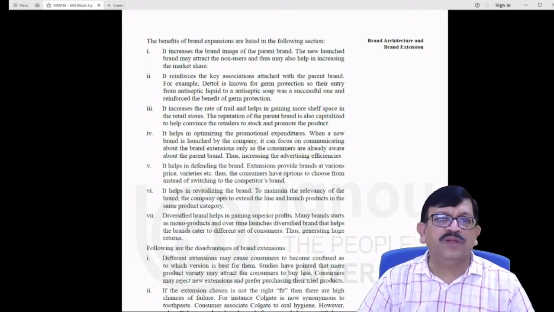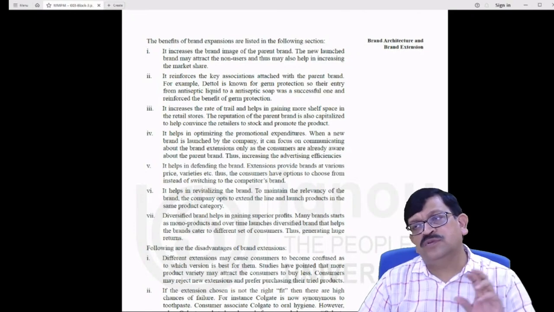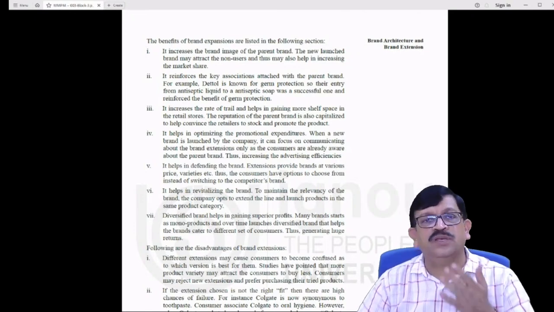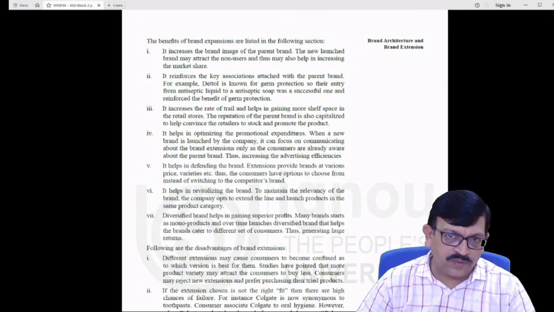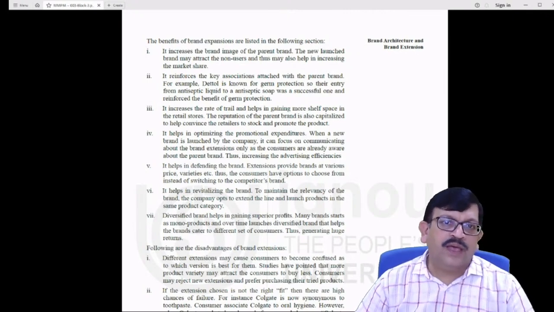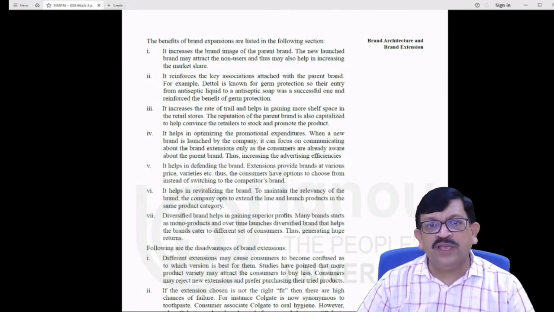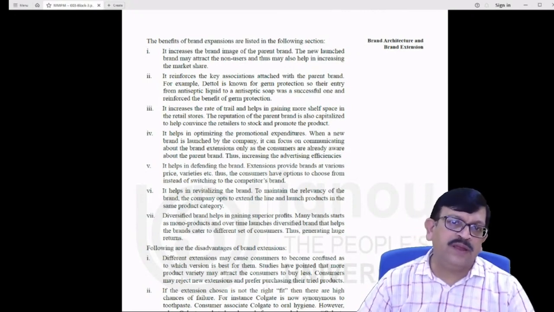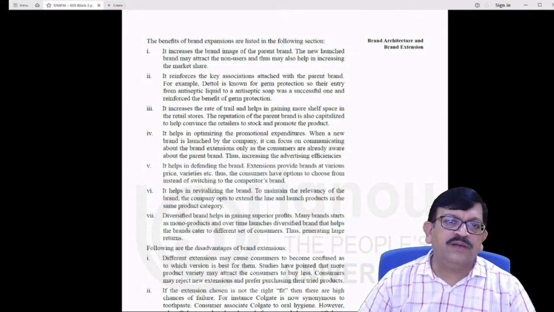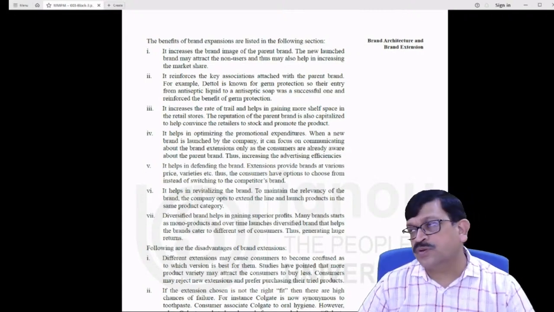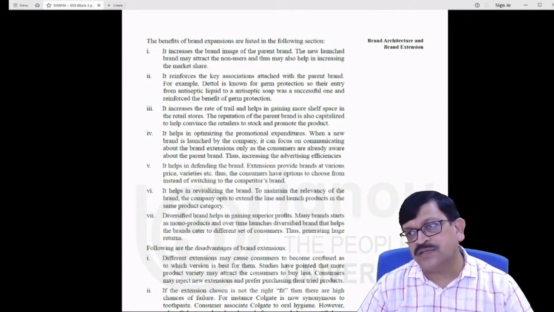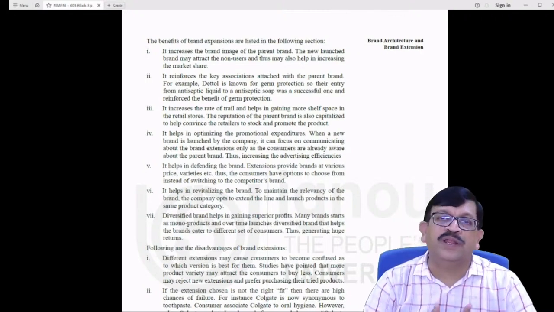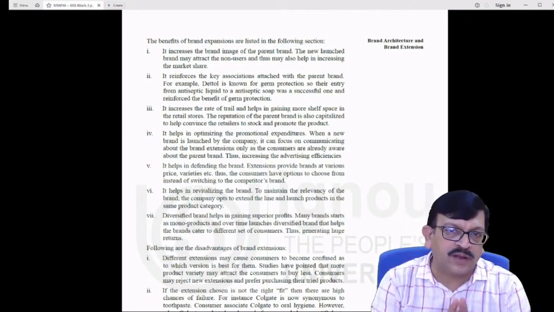As a result, it will reinforce the key brand association that the parent brand is standing for. And if you're getting more offerings from the parent brand, it gains more space at the retail counter. As a result, you're able to create more visibility at the retail counter.